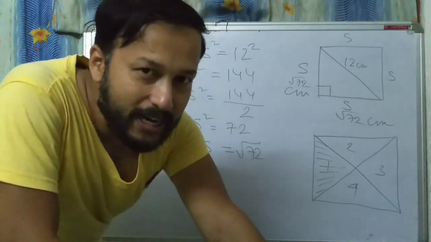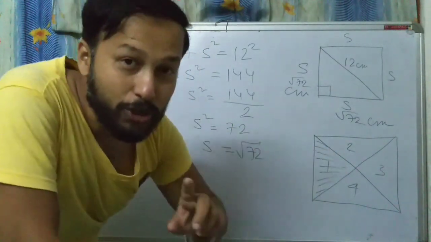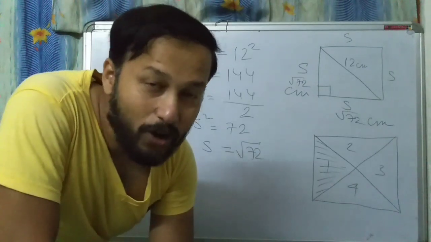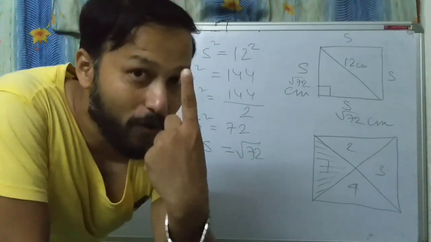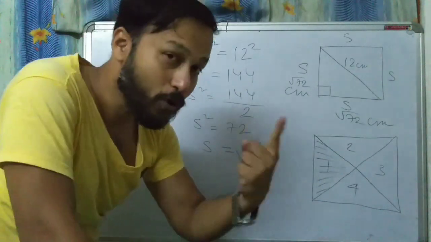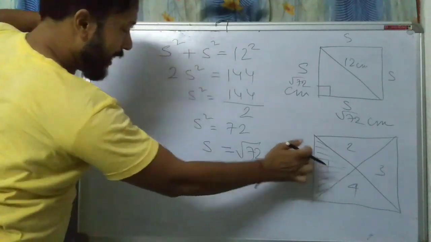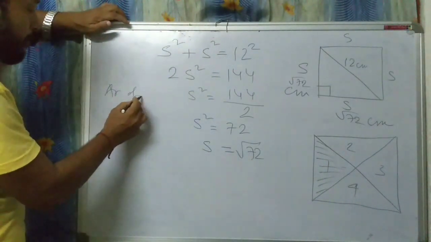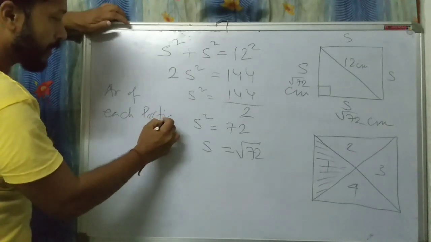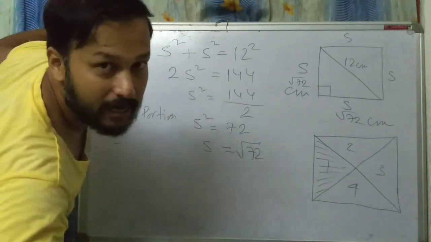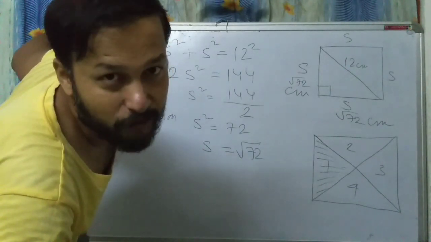Okay. How to find the area? Just divide the area of the square by 4. Then you will get the area of one portion. So area of each portion means the area of the square divided by 4.